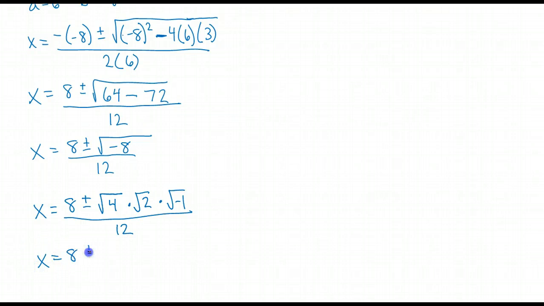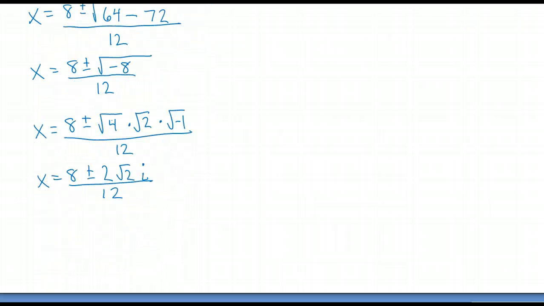So I'm going to have 8 plus or minus 2 square roots of 2 i all over 12. Now I need to distribute this division. I really have 8 divided by 12 plus or minus 2 square roots of 2i divided by 12. So I'm going to distribute this division over addition and subtraction. If you remember, this division bar is a grouping symbol.